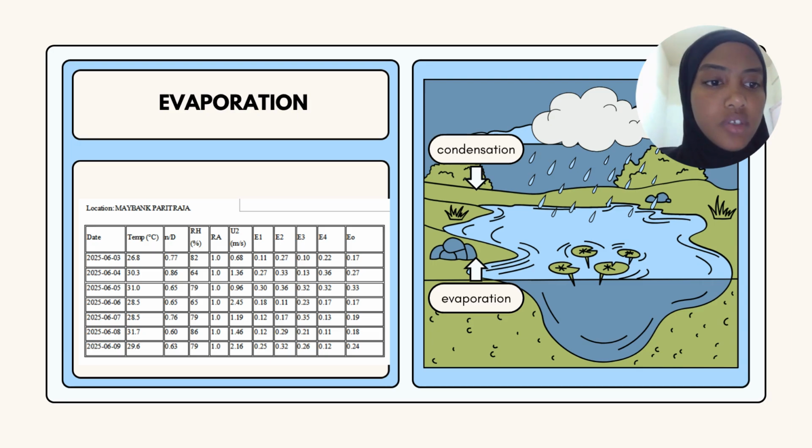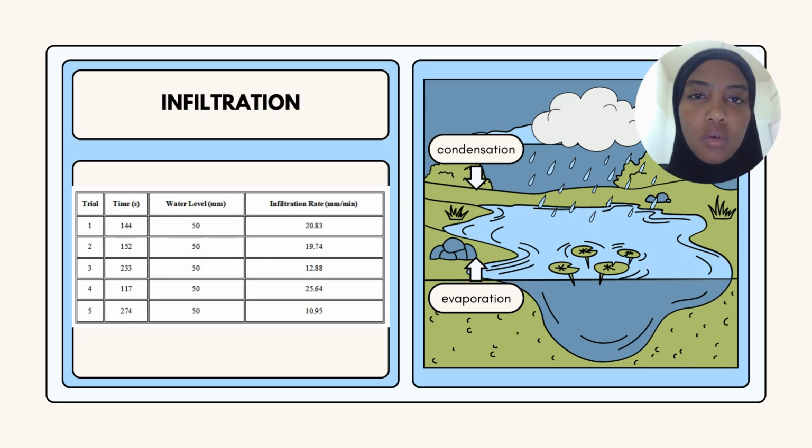Okay, in evaporation, evaporation was calculated using the Penman nomograph method. We used daily weather data such as temperature and wind speed and relative humidity. The average evaporation rate was 0.22 millimeter per day. You can see the data in the table. Okay, then infiltration.